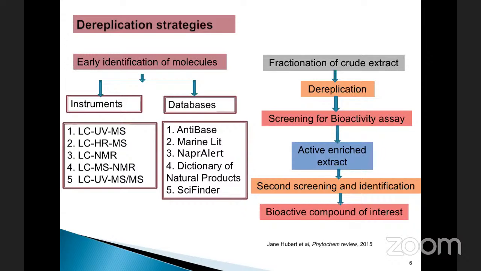Now you screen for the bioactivity, because if it is a known molecule, you see the reported bioactivity of that particular compound. Now, one thing here: for example, if the compound is reported as antimicrobial and you have observed anti-diabetic activity for this particular molecule, then don't ignore that.